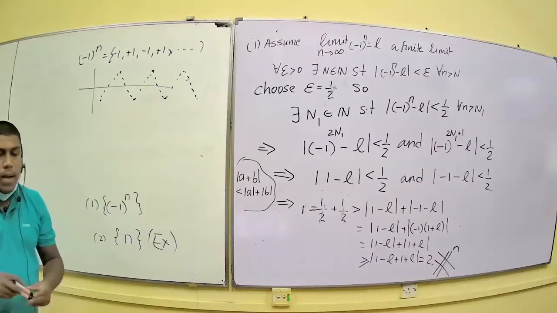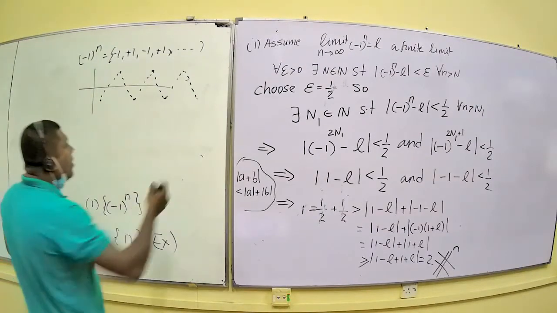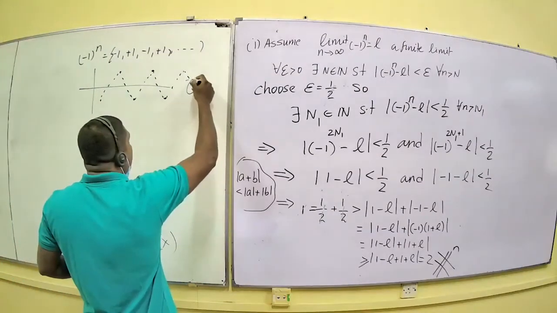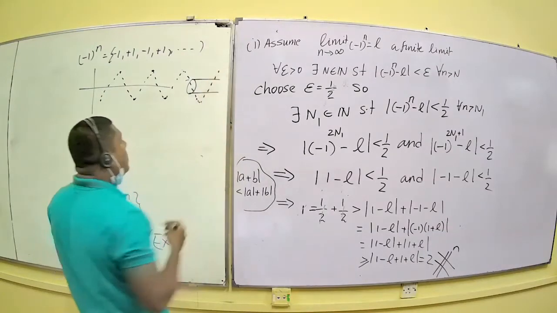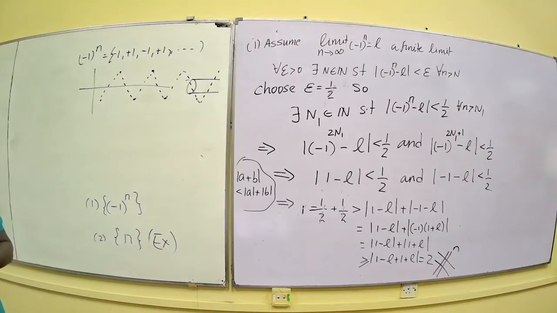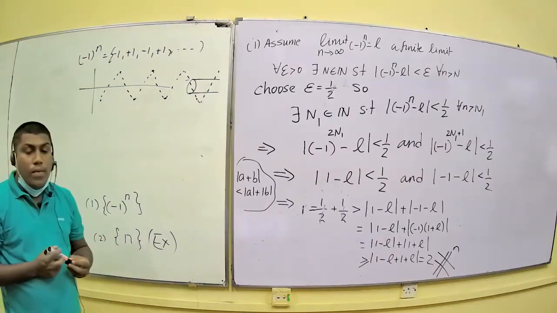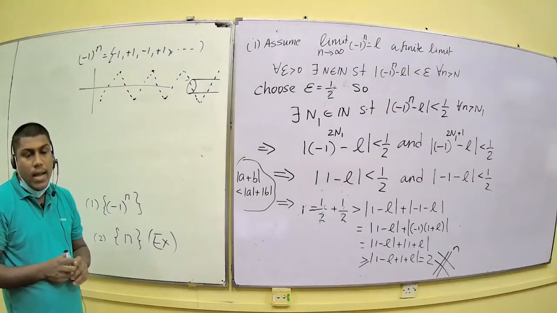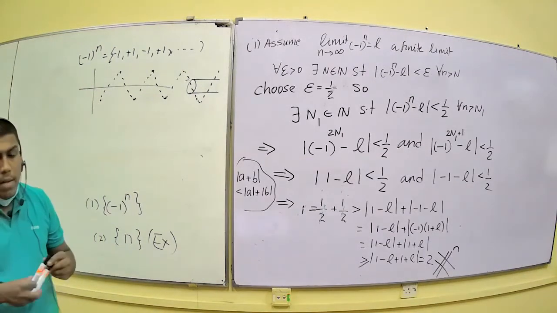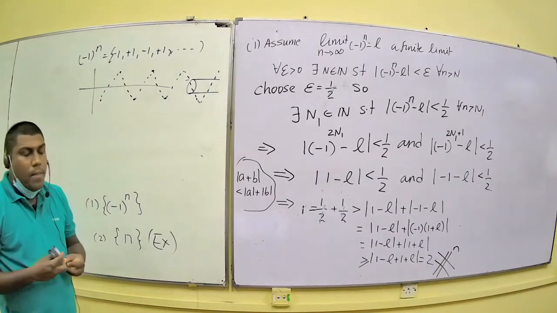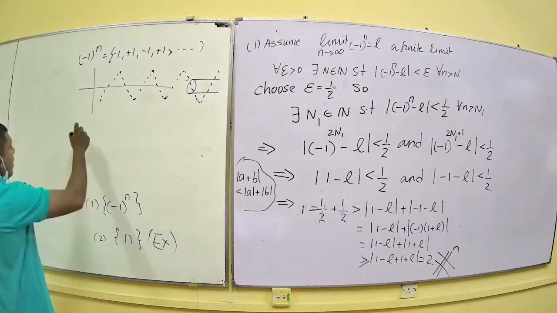It is oscillating between -1 and plus 1. That is why when you draw a small tube, the sequence does not fall inside the tube. So you do not have a finite limit. Actually, the sequence will not have a limit. Later on, we will study about that.